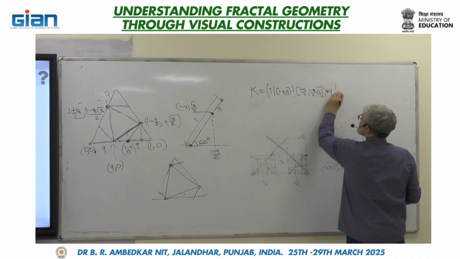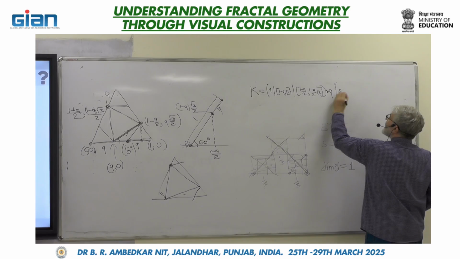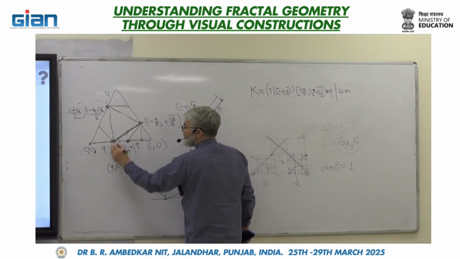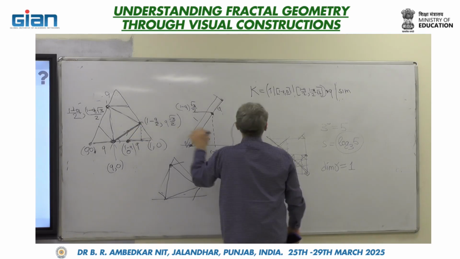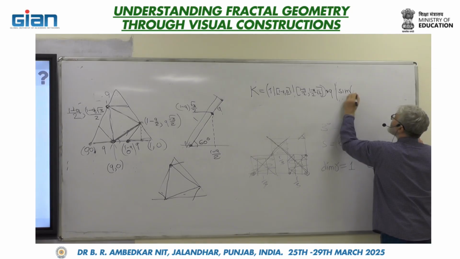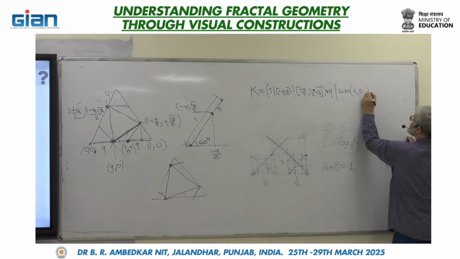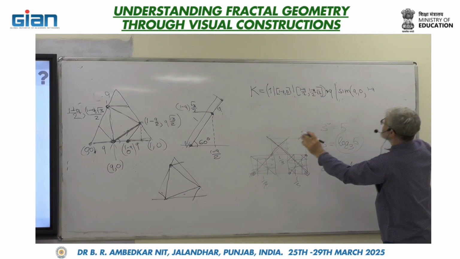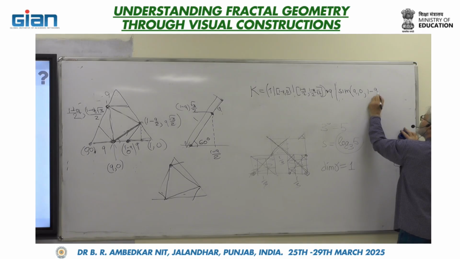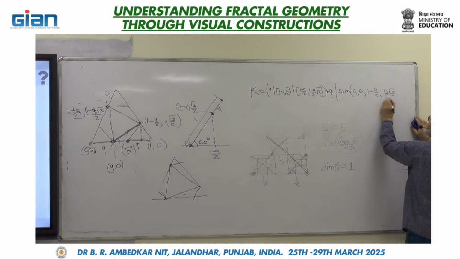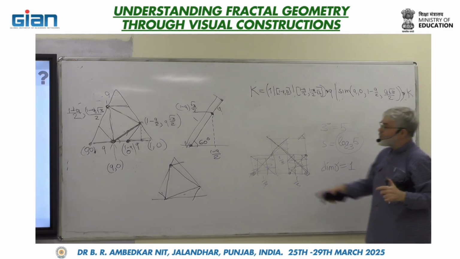So it will be SIM, and you take these coordinates q, 0 and this one, SIM of q, 0, what? 1 minus q divided by 2, 1 minus q divided by 2, 1 minus q divided by 2, and q square root of 3 divided by 2. And if you write this way, then you will get the attractor.